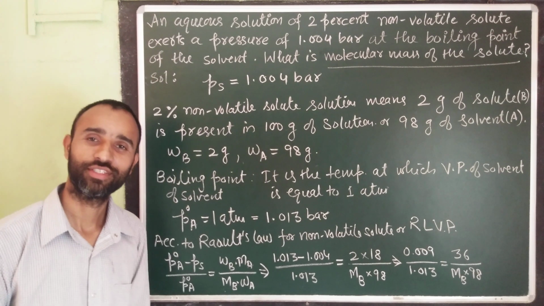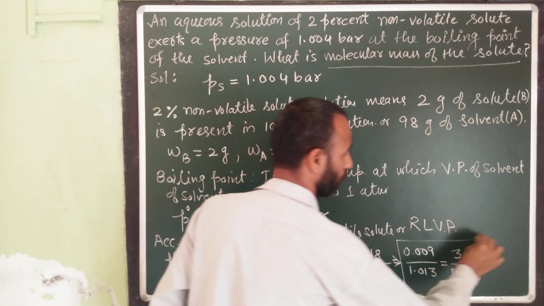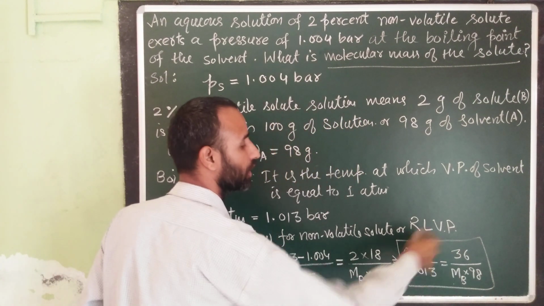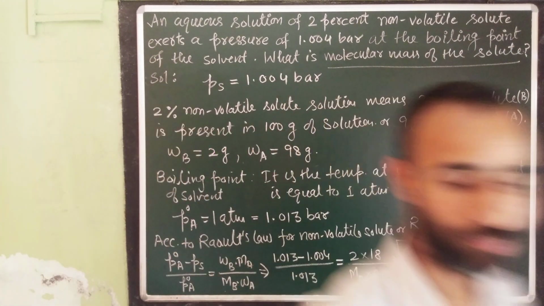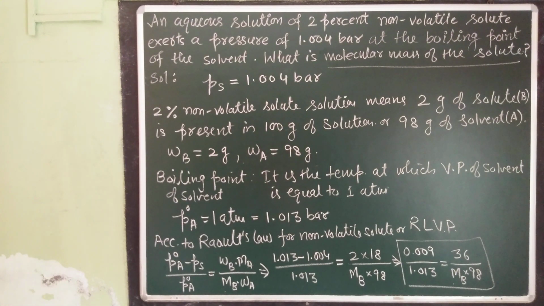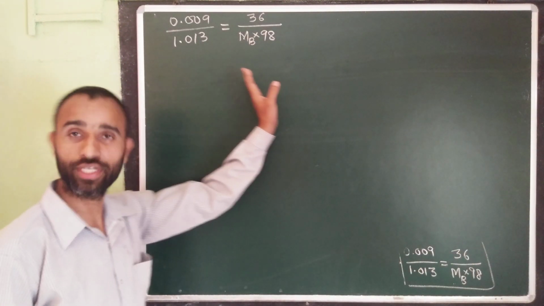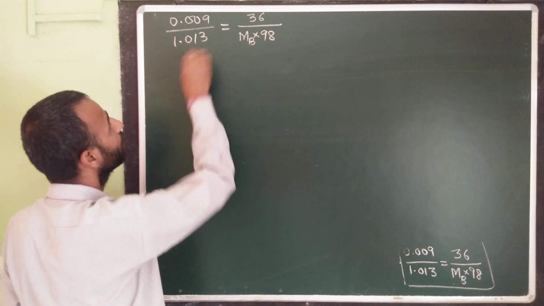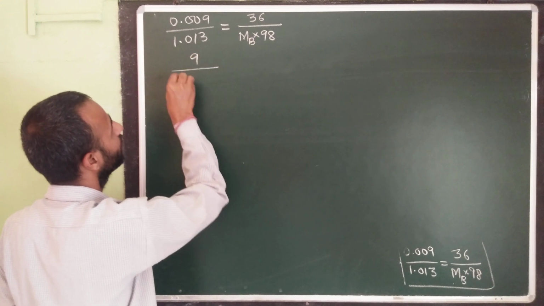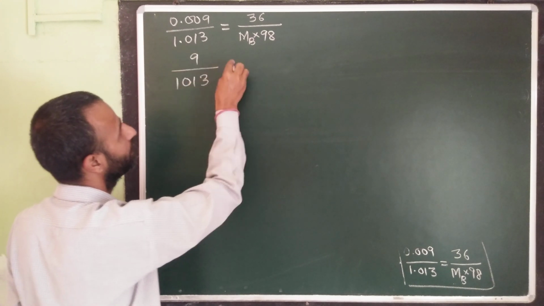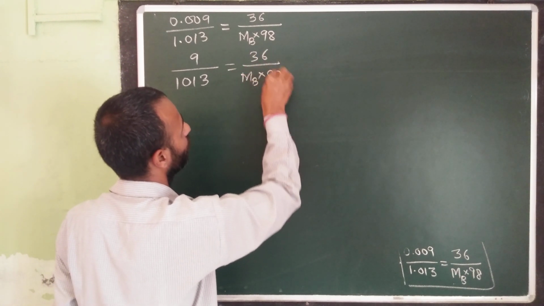Just note down this part, then we will proceed to calculate MB from this equation. So this is the last equation we have written. Now from here, if we remove the decimal, it becomes 9 over 1013 equal to 36 over MB into 98.